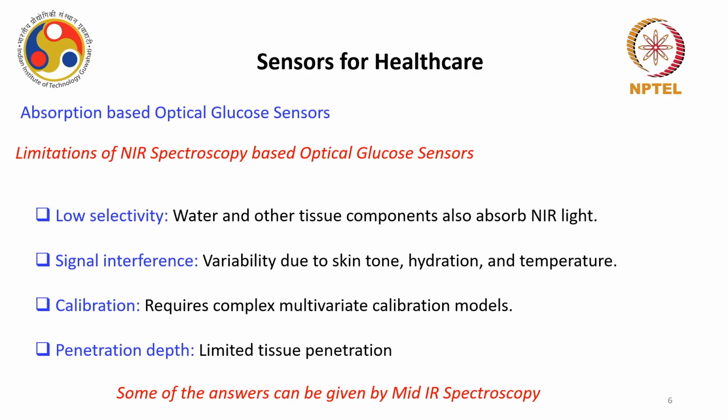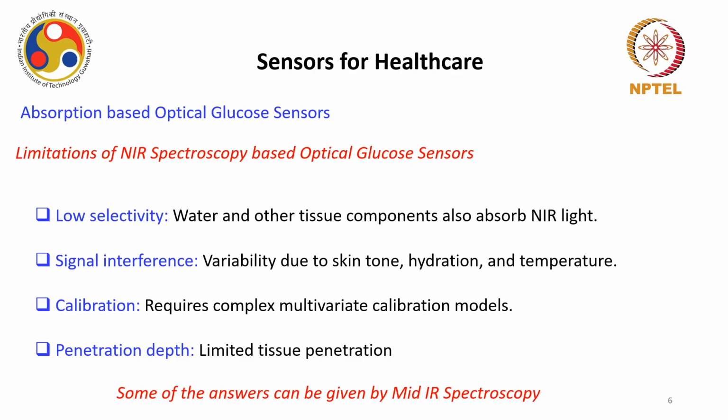We were discussing near infrared spectroscopy, which comes under the absorption based optical glucose sensors, and we have seen how NIR spectroscopy based devices work, and what their advantages and limitations are. We talked about 4 different limitations of NIR spectroscopy based glucose sensors.